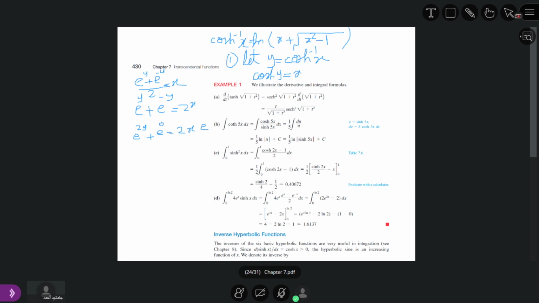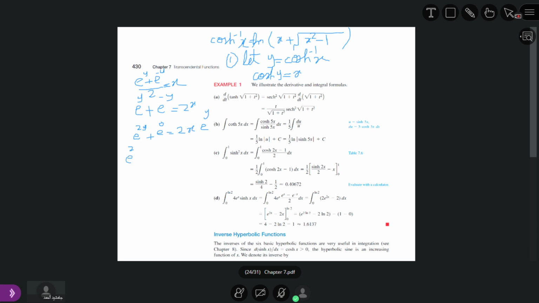Now e power 0 is equal to 1. So we have e power 2y plus 1 equal to 2x e power y.